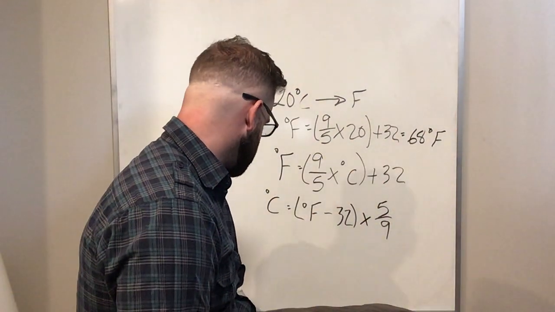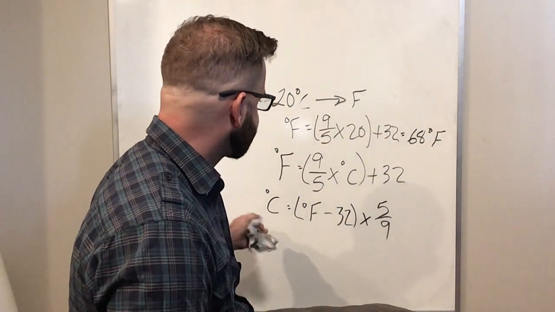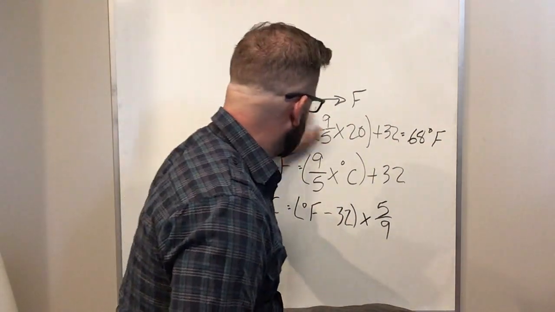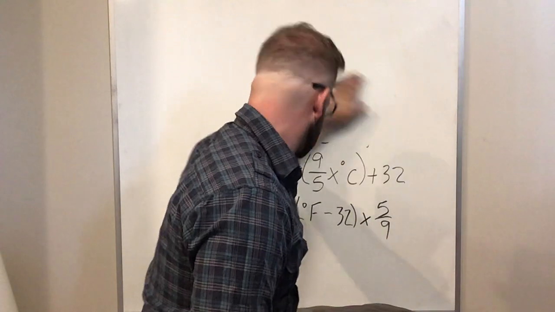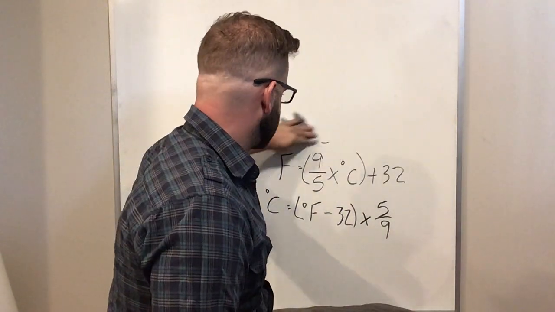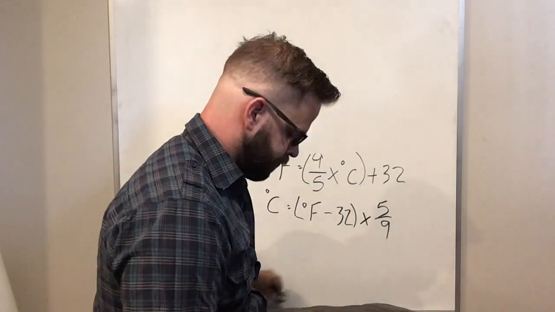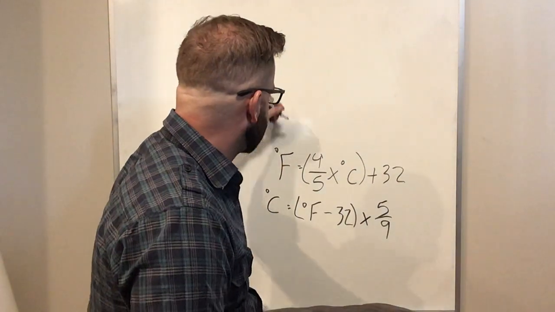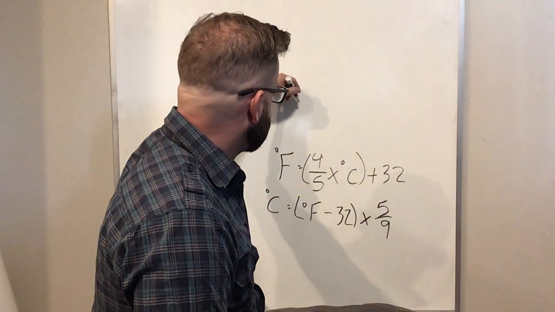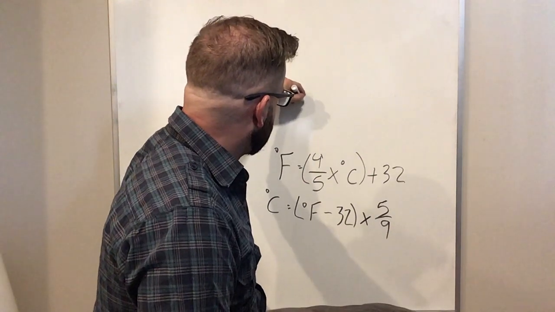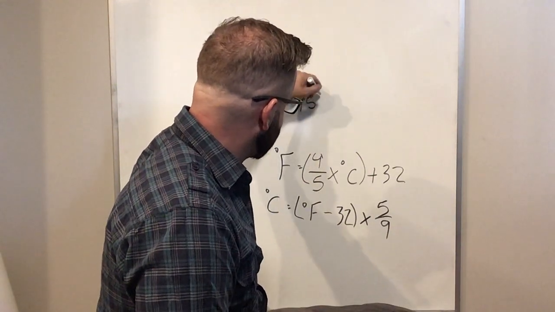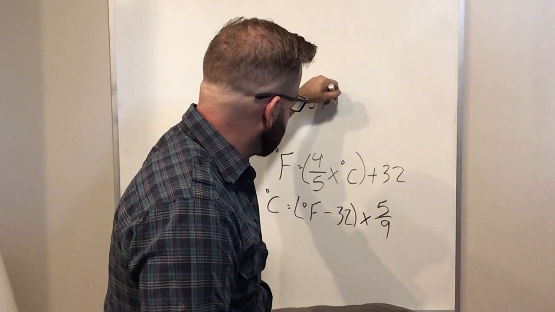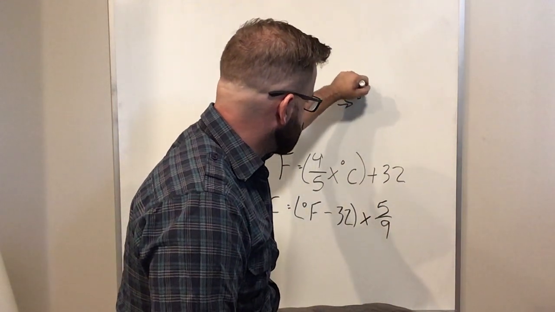Now, if I was to go the other way around, now we're going to have a value in degrees Fahrenheit. Let's do 95 degrees Fahrenheit, and we want to go to degrees Celsius.